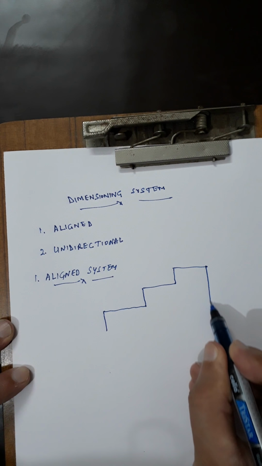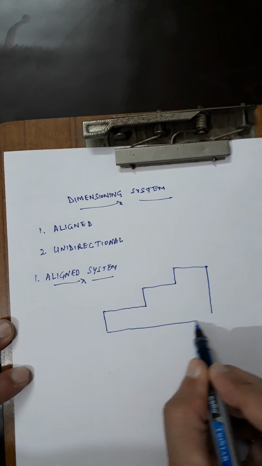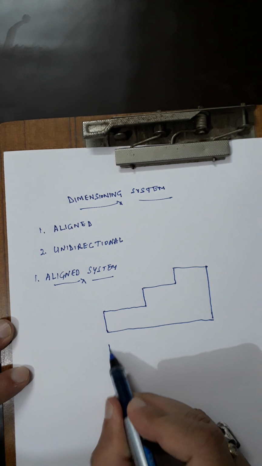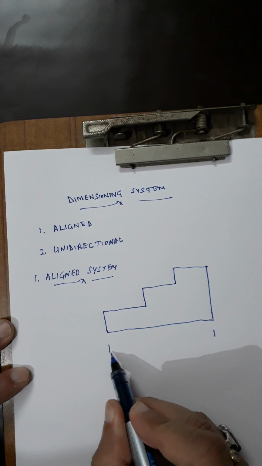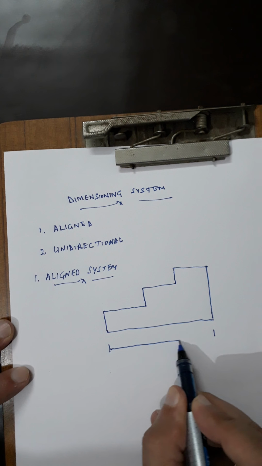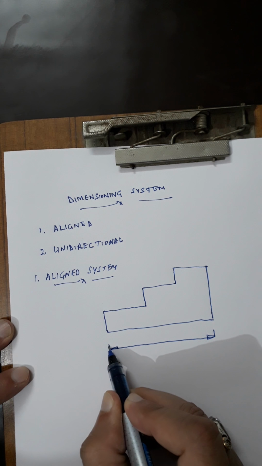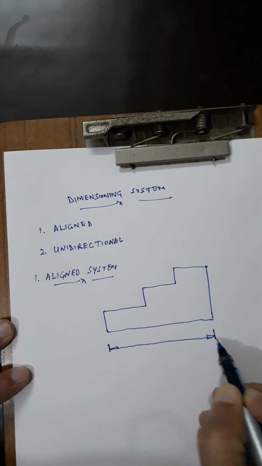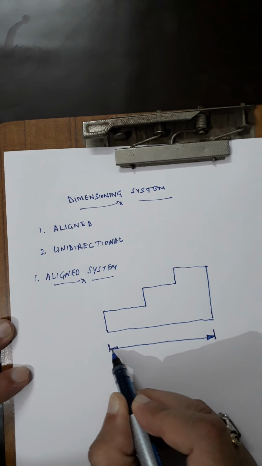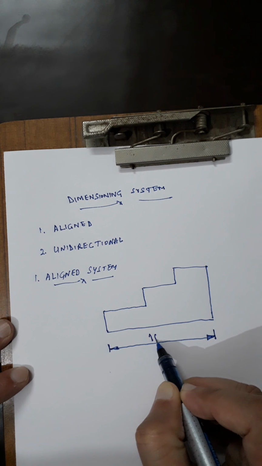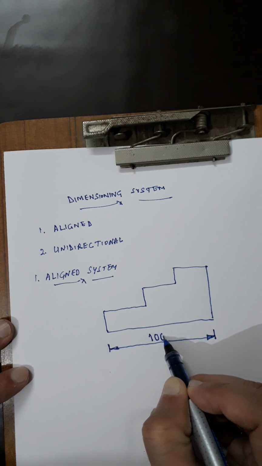You need to dimension it as per the aligned system. So the length, say it is 100 mm. I am using the extension line. So these are the extension lines, then arrowheads, and this is the dimension line, and putting the dimension in such a way that it can be read from the bottom edge of the sheet.